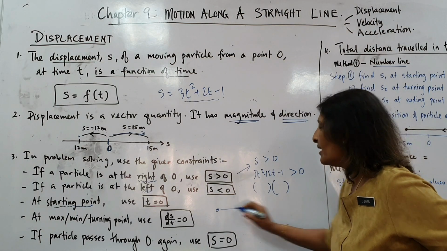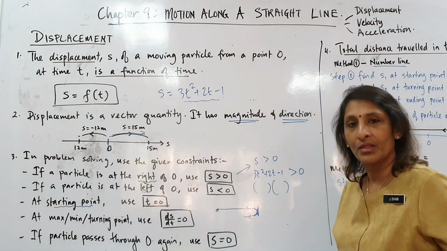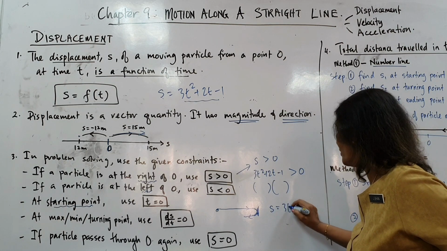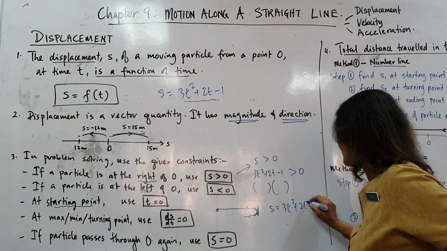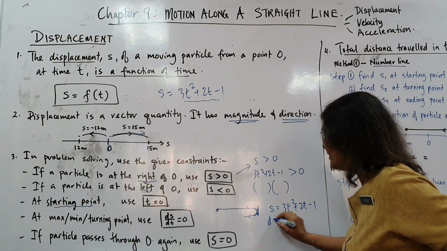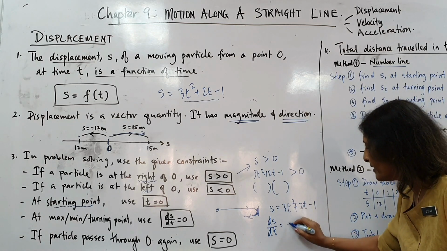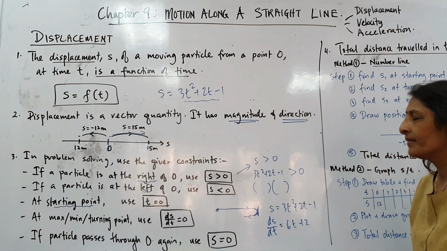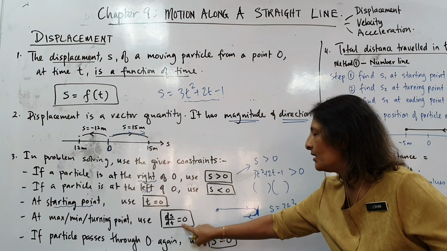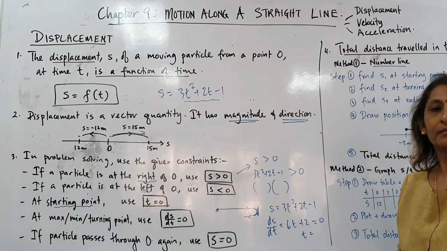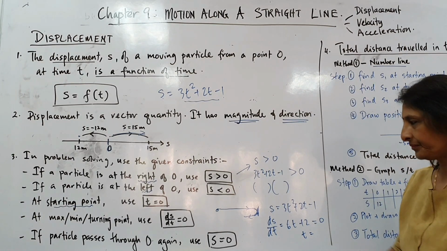Then we are going to use ds/dt equals 0. For example, when S is 3t square plus 2t minus 1, you differentiate, and you will get 6t plus 2. Then you put ds/dt equals 0, and you find your time. That's how you do it.